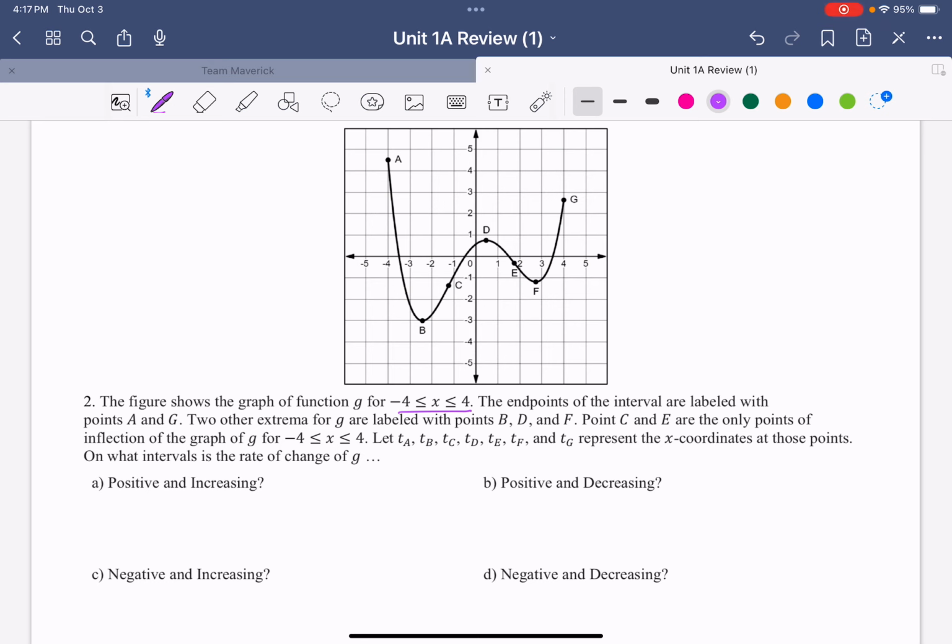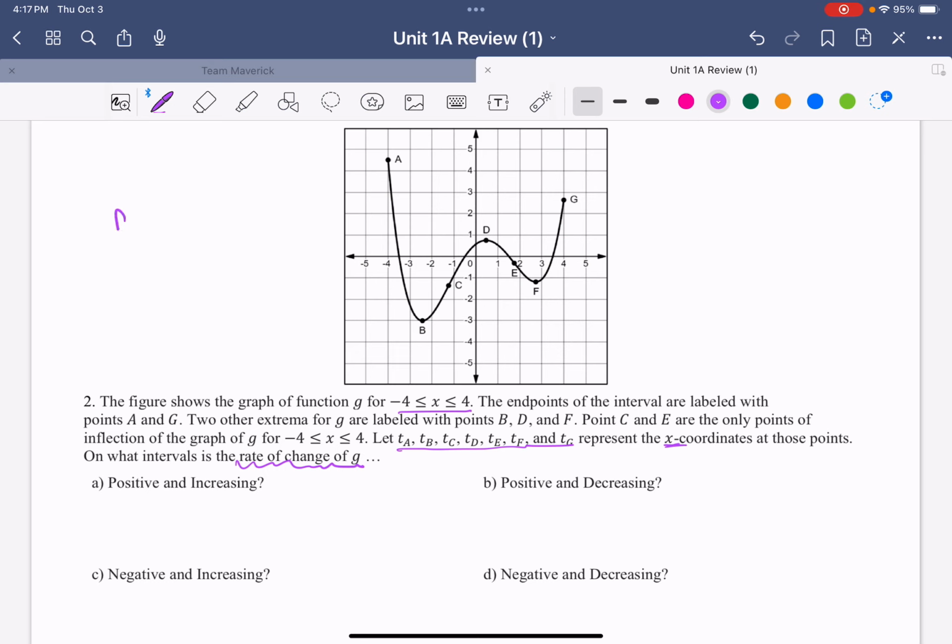And then we are going to let these right here represent the x coordinates, and then we have to write about the intervals of g where the rate of change is doing these things here.